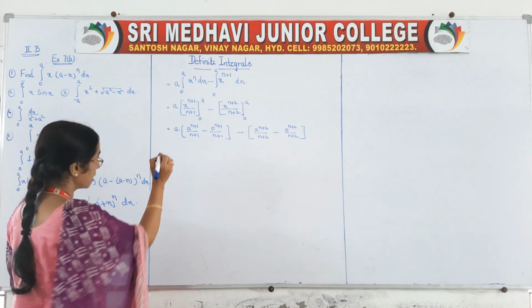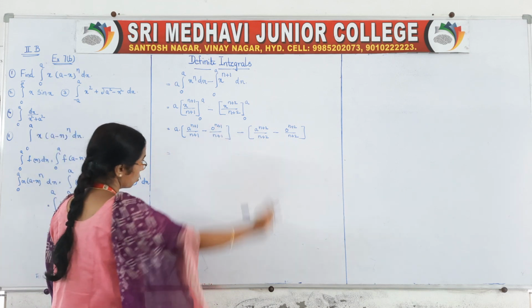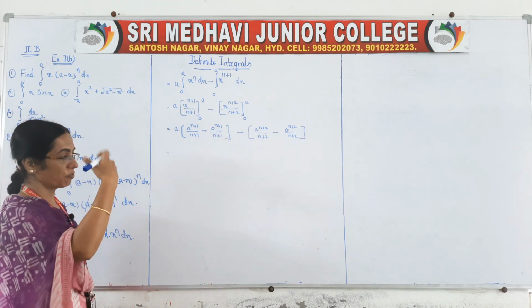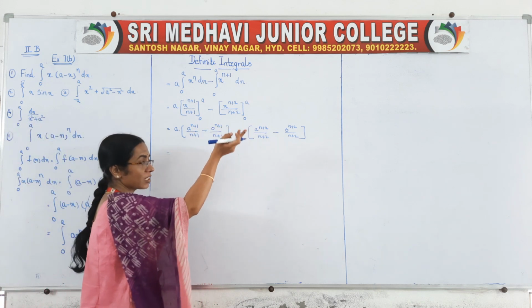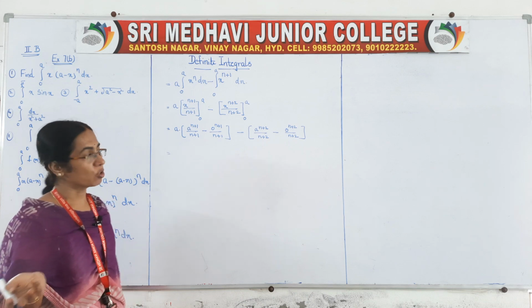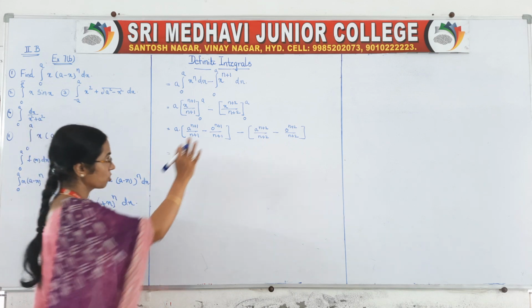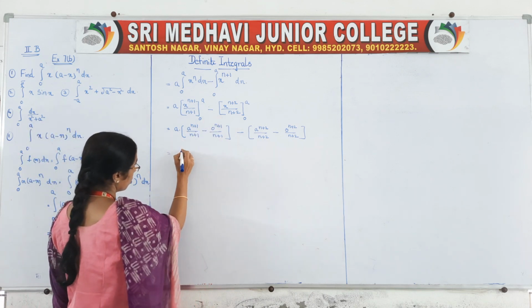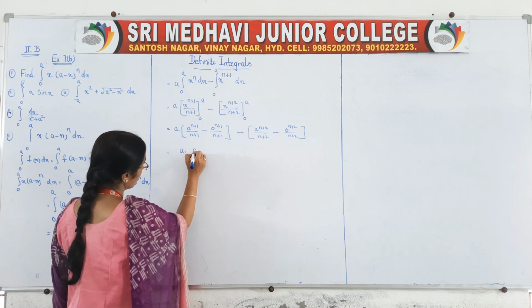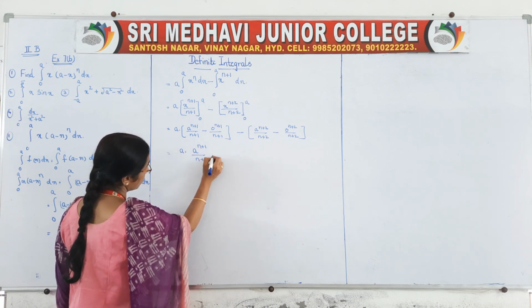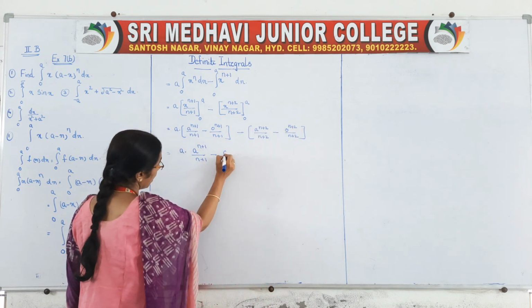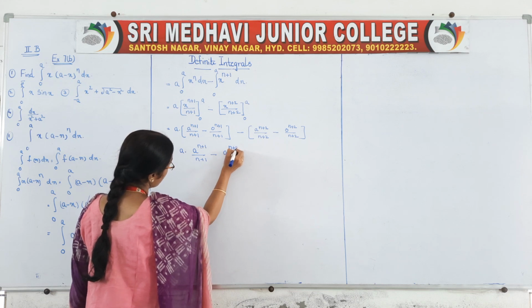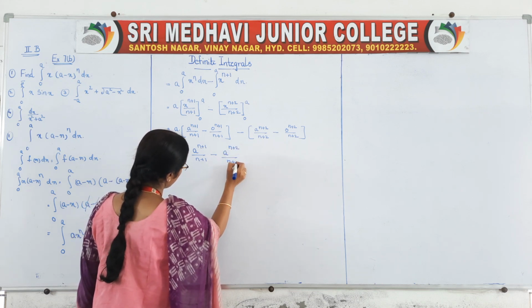So here we have 0 to the power of something. If you multiply 0 any number of times, n number of times or 1000 number of times, it is 0 only. 0 by anything is 0, so this entire value will be 0. So you will have a into a to the power of n plus 1 by n plus 1 minus, here also this value becomes 0, a to the power of n plus 2 by n plus 2.